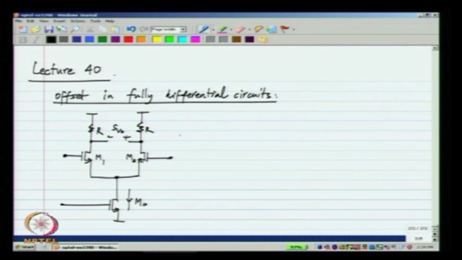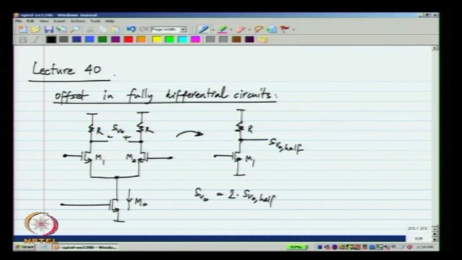Now, we take the half circuit and calculate its output noise voltage spectral density. Let me call it SVO half. SVO will be 2 times SVO half.